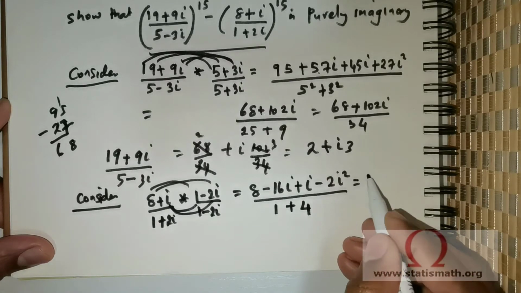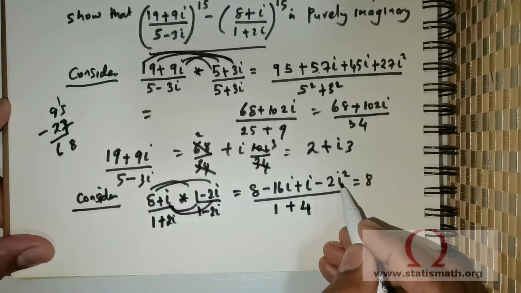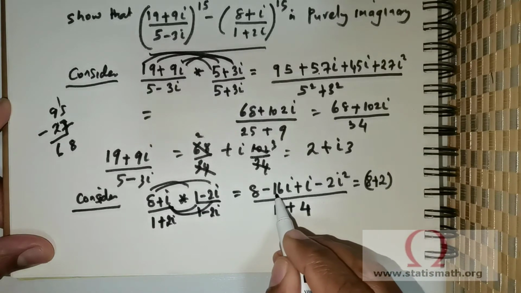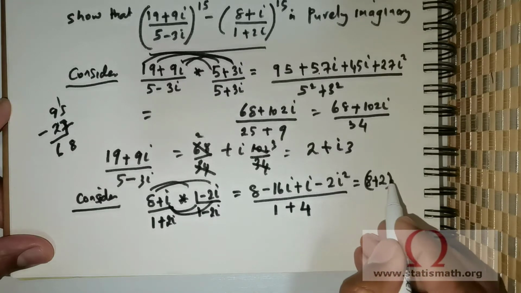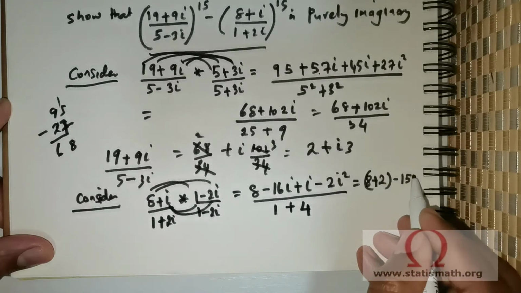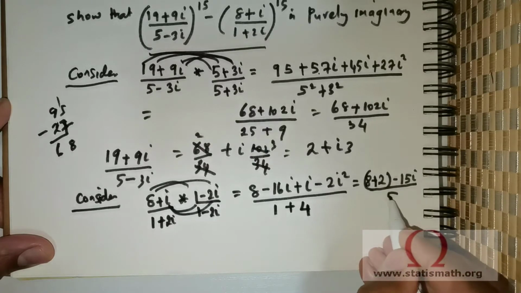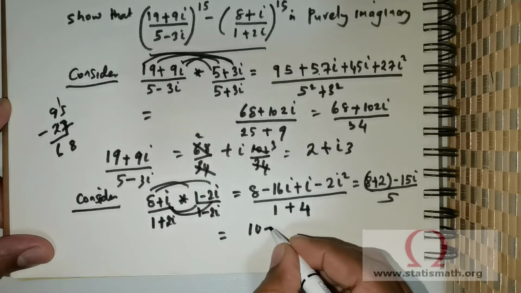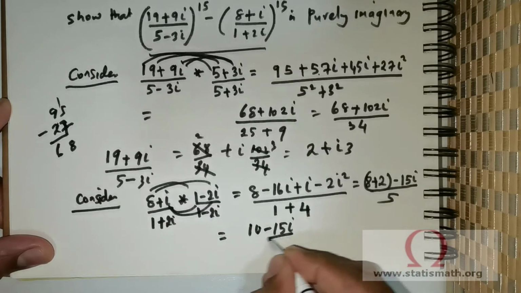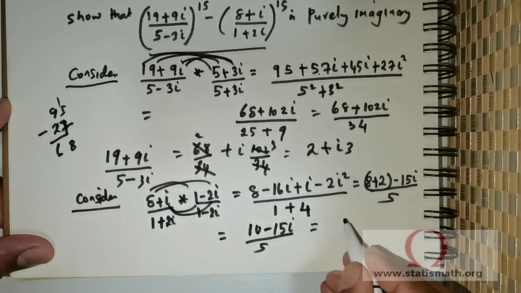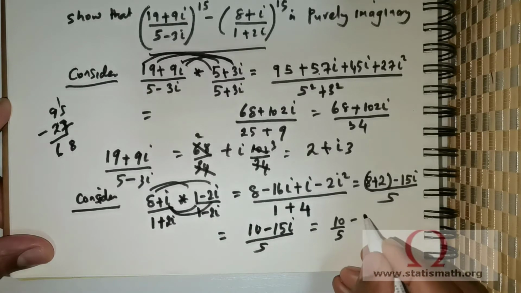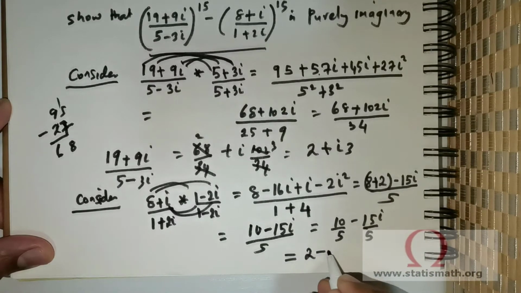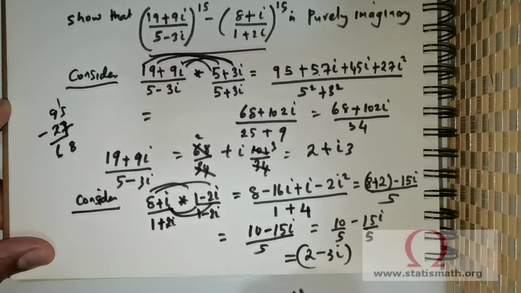So this is rewritten as 8, and since i squared is −1, that gives positive 2, so 8 added with 2. Now −16i added with positive i gives −15i, divided by 5. So this equals 10 over 5, minus 15i over 5, which is 2 − 3i.